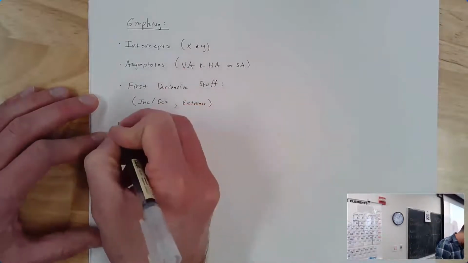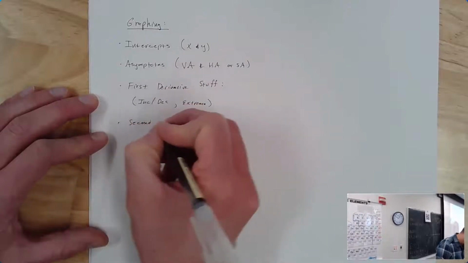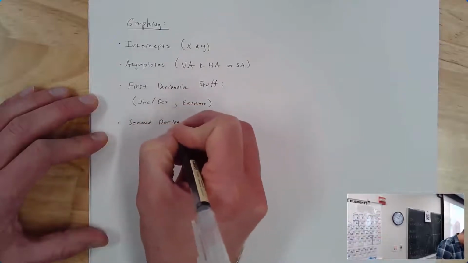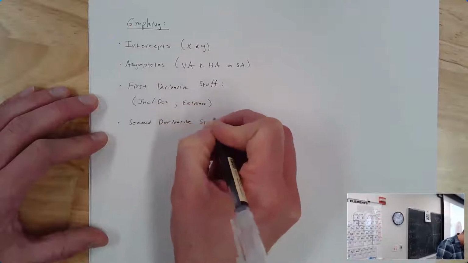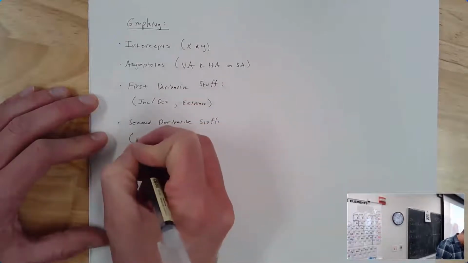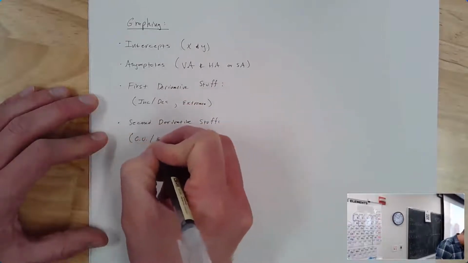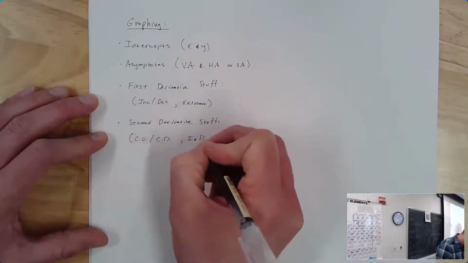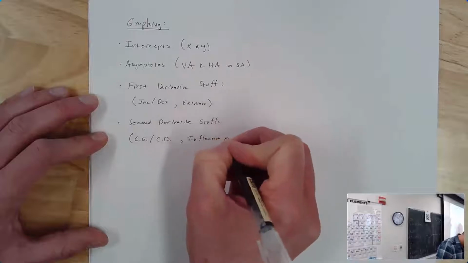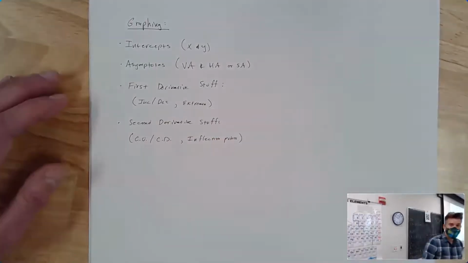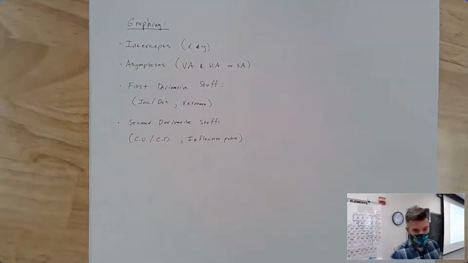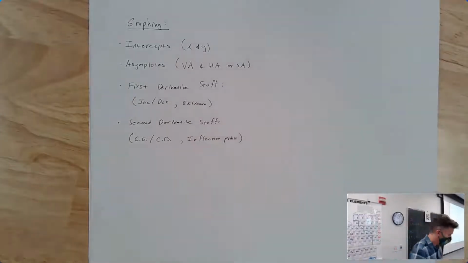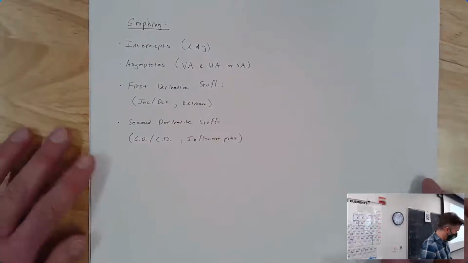And then I look for the second derivative stuff, which is going to be where the function is either concave up or concave down and any possible inflection points. So that's typically what I'm looking for when I'm graphing something. So let's start off with a relatively not terrible example.